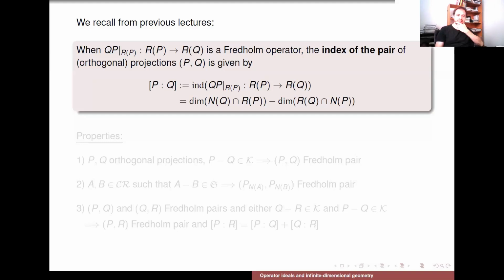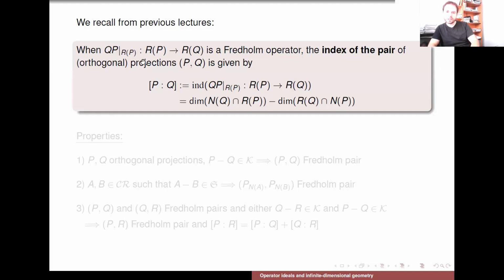So in our setting, the notion of dimension will not be useful. We will change that notion for this notion of the index of a pair of projections. We recall here the notion; we had already studied this notion in the previous lectures.